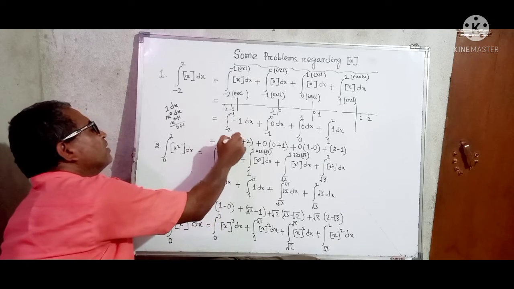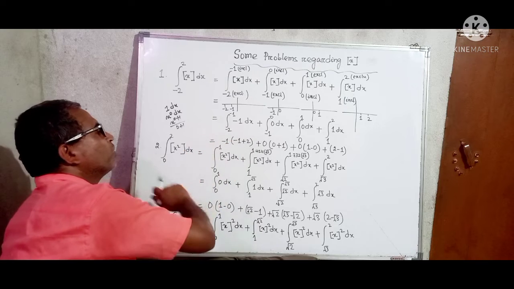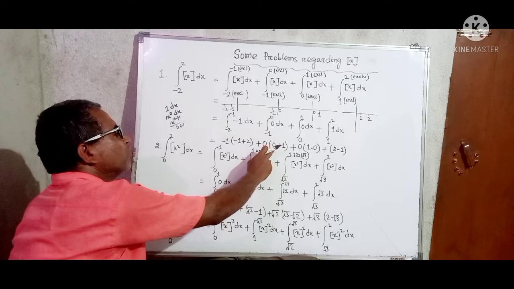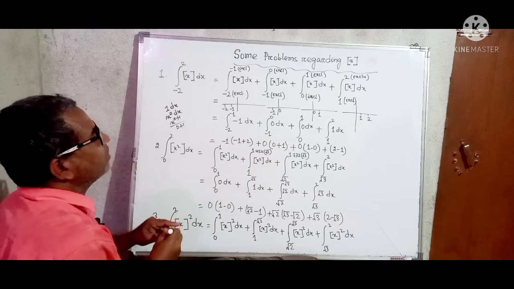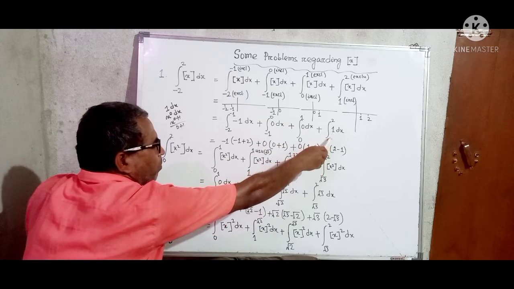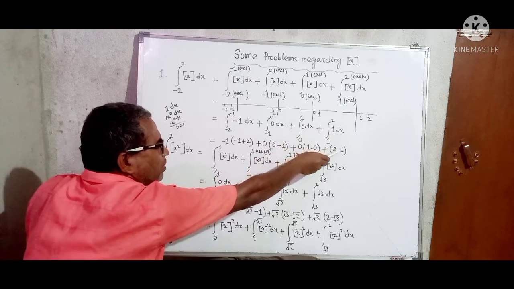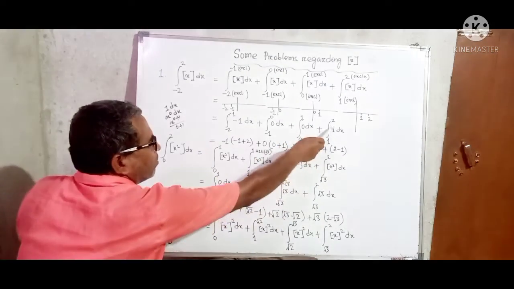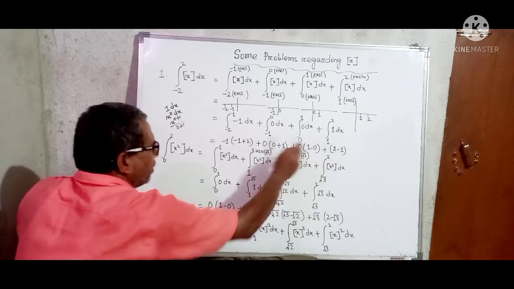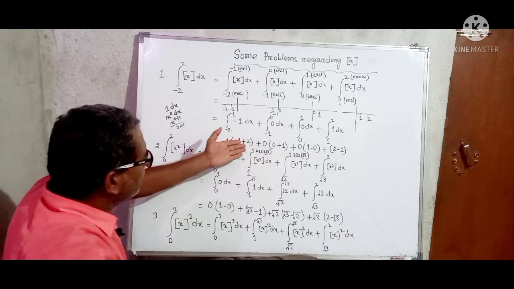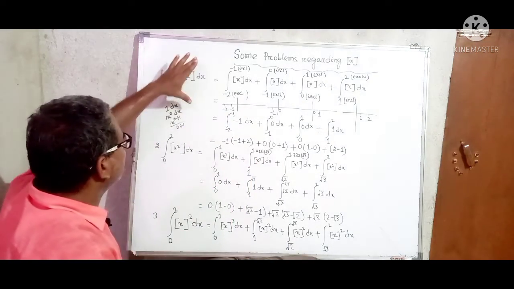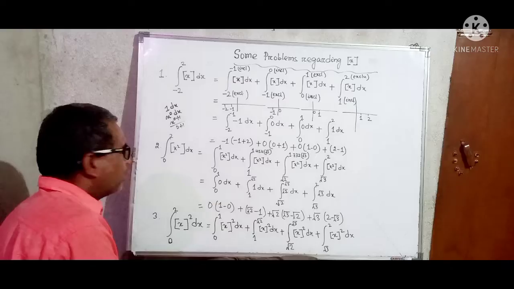Similarly, 0 into (0 minus -1), that is 0 into (0 plus 1). Similarly, 0 into (1 minus 0). Plus 1 into (2 minus 1). Here 1 is x to the power 0, put in the formula, 2 minus 1. After calculation, you can get the value of this. Perhaps we have understood it clearly.